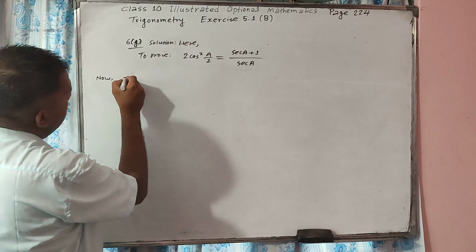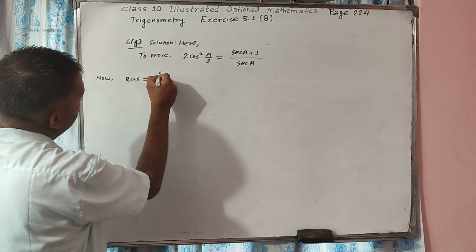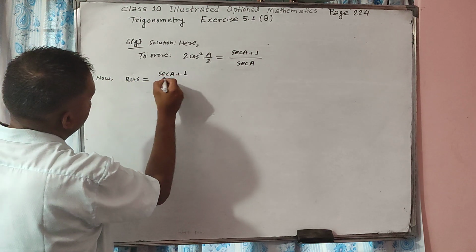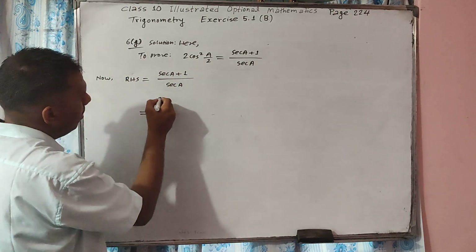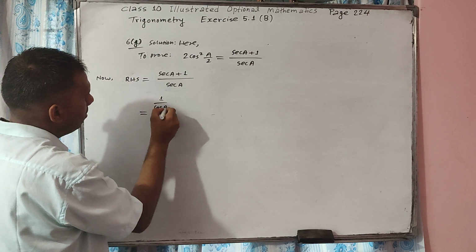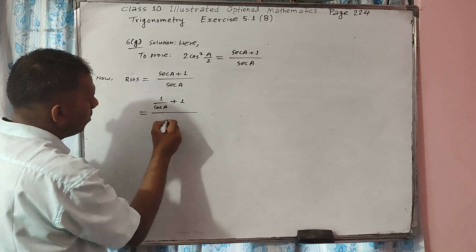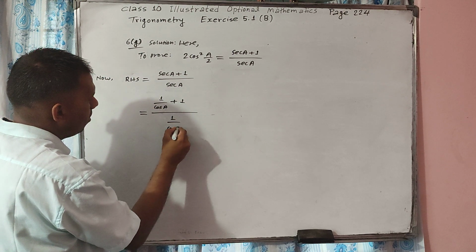Now RHS equal to sec a plus 1 whole upon sec a. Sec a is 1 by cos a, so plus 1 whole upon 1 by cos a.